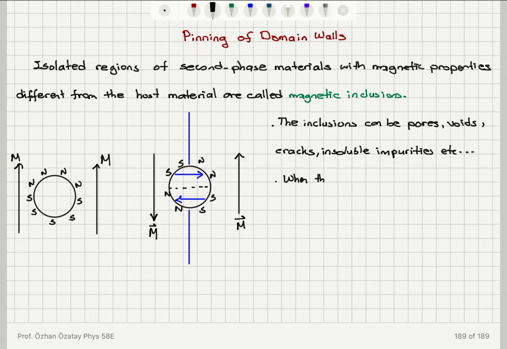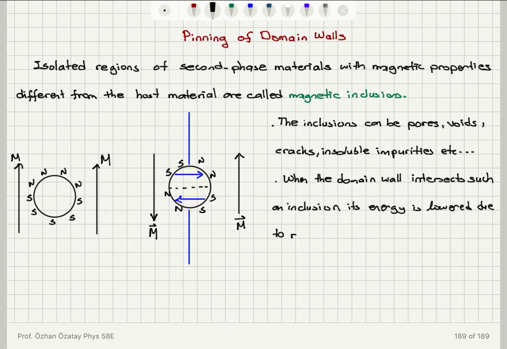And what happens when the domain wall intersects these inclusions? When the domain wall intersects such an inclusion, its energy will be lowered, and that is due to redistribution of magnetic poles.